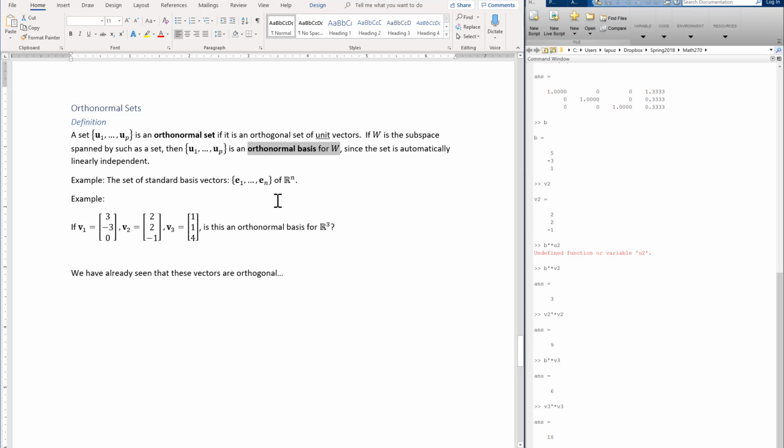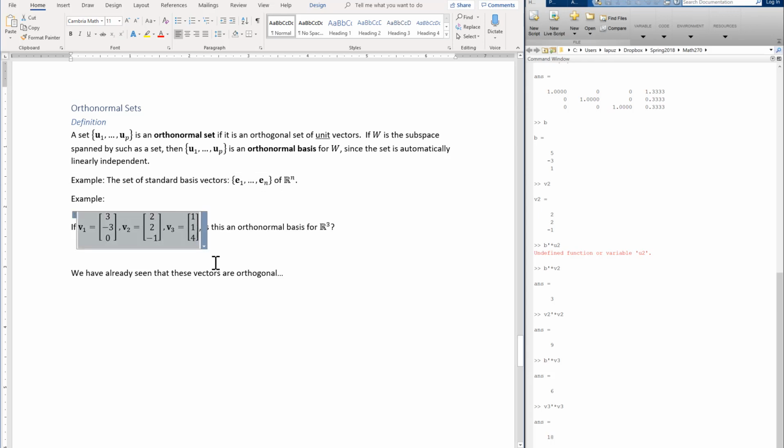These are automatically linearly independent, because we know that if it's orthogonal, it's linearly independent, and the added condition is just that we have to have unit vectors. Our first simple example of an orthonormal set of bases are the standard basis vectors. They're orthogonal, and they each have length 1. So let's go back to our example.